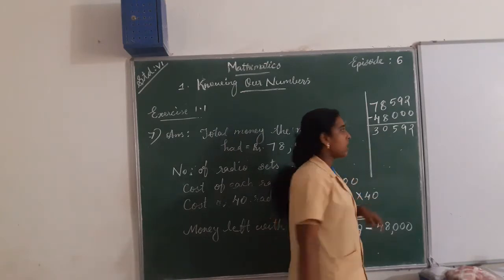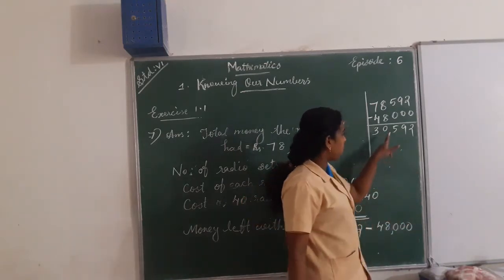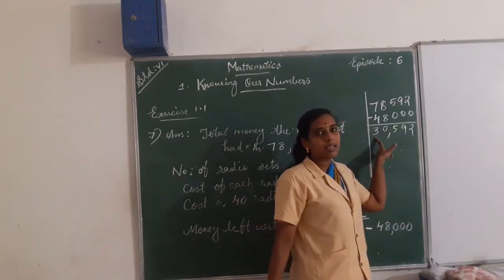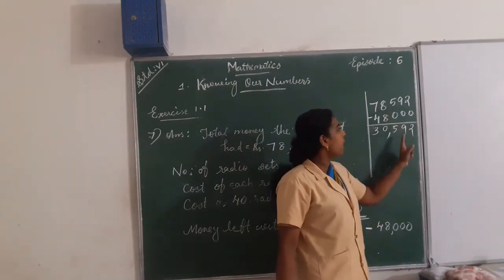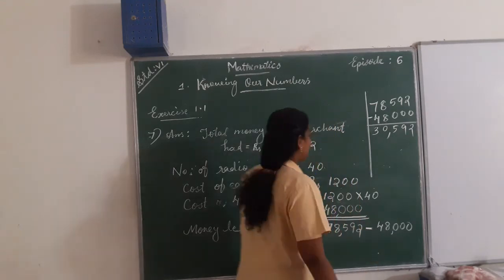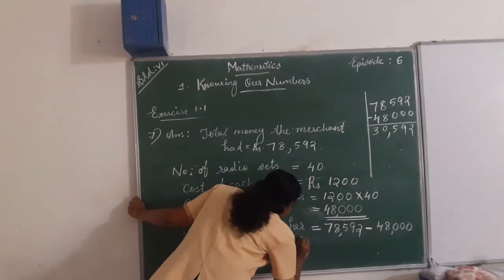30,592. How can we read this number? Here we put the comma, and we read how many thousands? 30,000. 30,592.